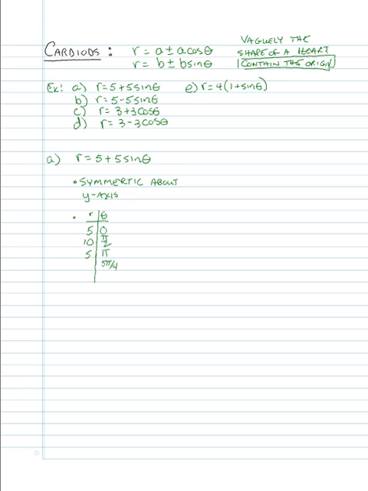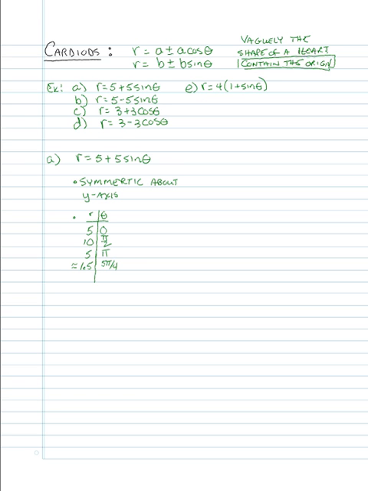And sine of 5 pi over 4 is negative square root of 2 over 2. We multiply that by 5, we get roughly negative 3.5. Add 5 to that, we get roughly 1.5, roughly 3 halves. Okay, but it's only approximate, 1.5.